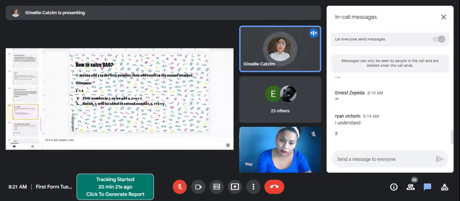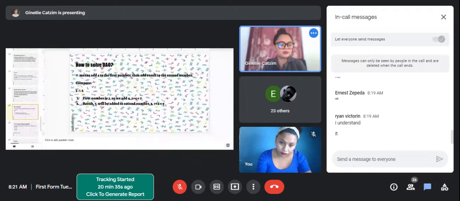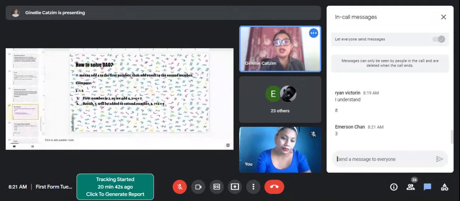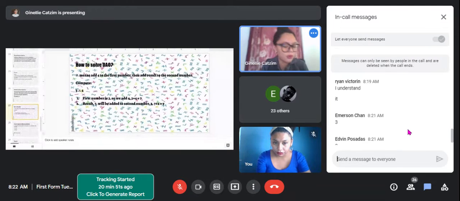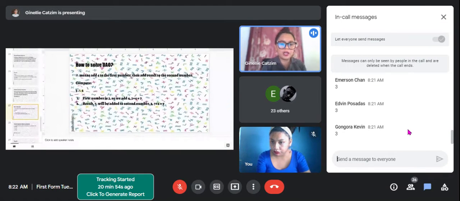If it tells you add 4 to the first number, and we have 3, the little symbol, and 2, then we have to add 4 to which number? Which is the first number here? 3. Very good. So we add 4 to the 3 and we have a 7.